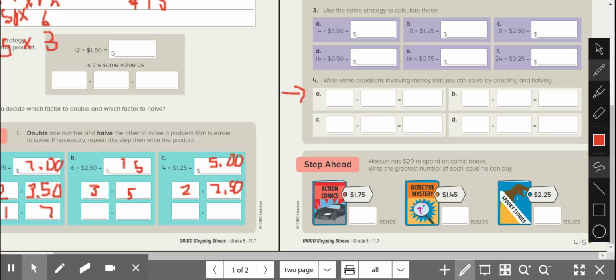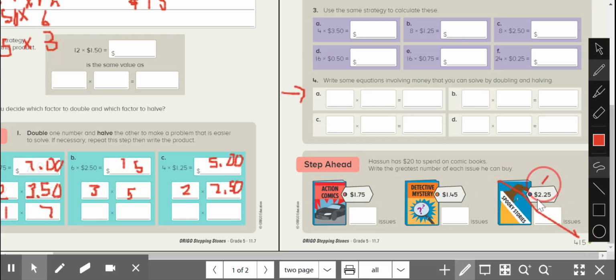And, well, this is actually going to be simplest if we think first. We could solve for each one of these if we have $20. We could do the division, take $1.75 into 20, or we could just simply eliminate ones that we know. If it costs $2.25 to buy one, we're not going to be able to buy as many as we would if we were able to spend a smaller amount for that one issue.